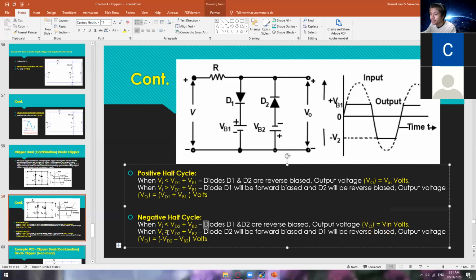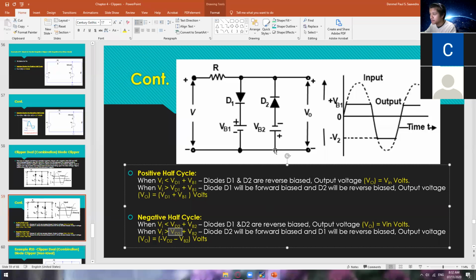And then for the second situation wherein V sub I is greater than VD2 plus VB2, now it has enough voltage to pass through this summation. So as a result, we have a complete loop on this side, from here to here to here to here.